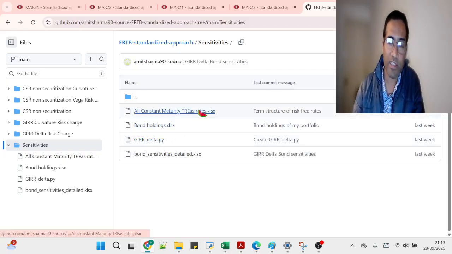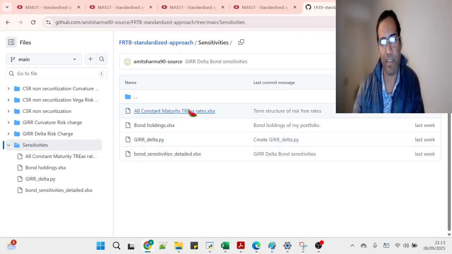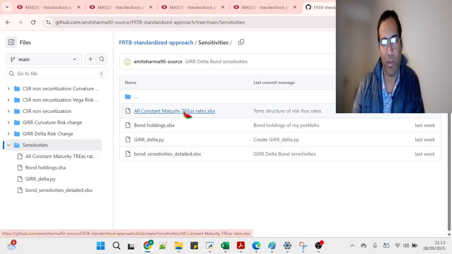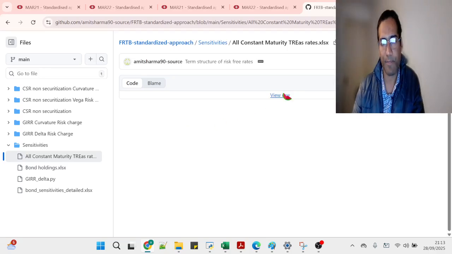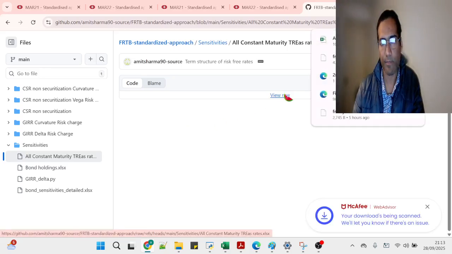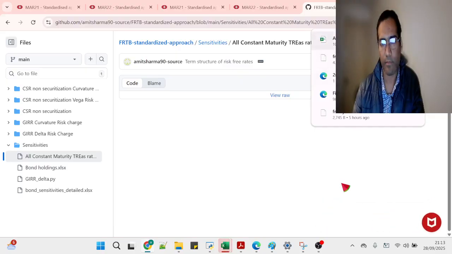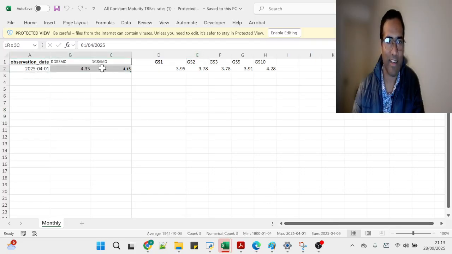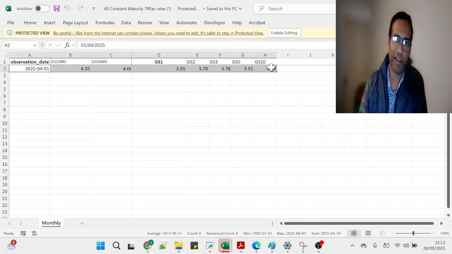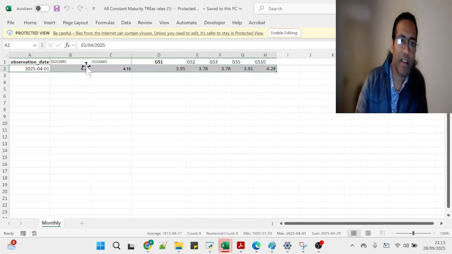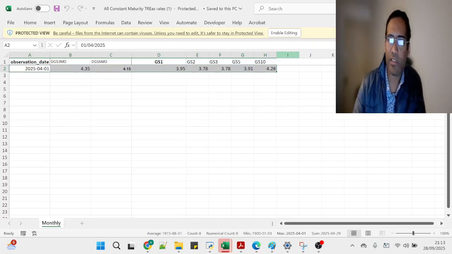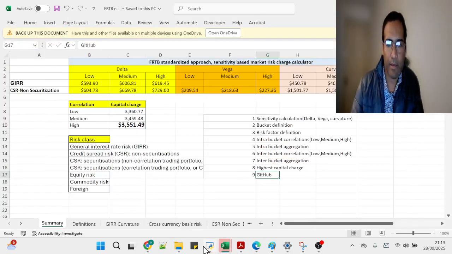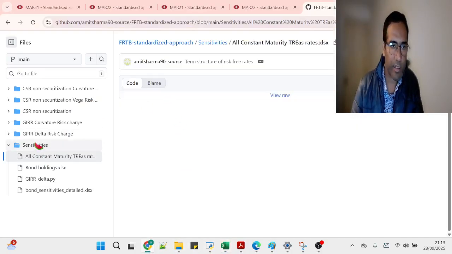These are my holdings, and these are the rates. I picked them from the FRED site: 6 month, 1 year, 2 year, and so on.